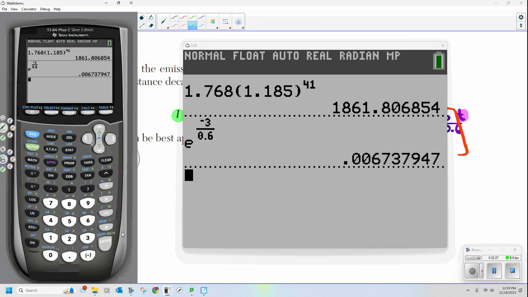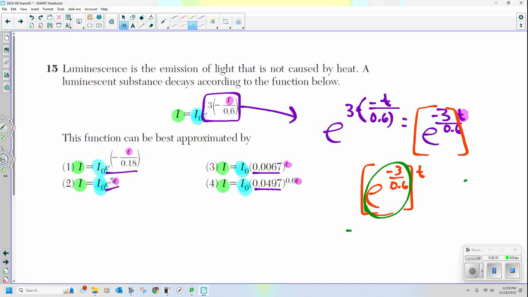And that's 0.0067 raised to the t. Do I have that? Oh my goodness, I sure do. Choice 3. Again, changing your exponent, knowing how to multiply a fraction times a whole number. Okay?